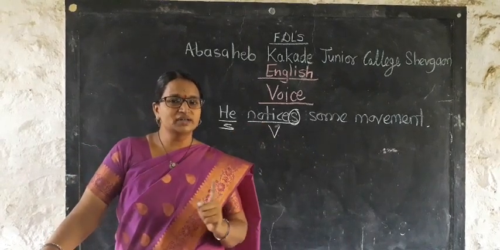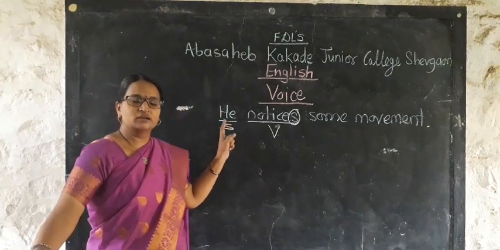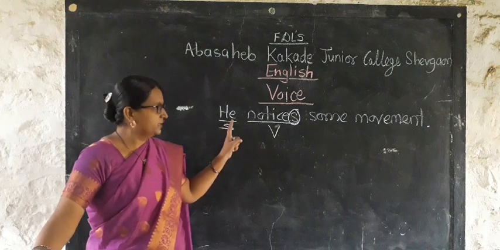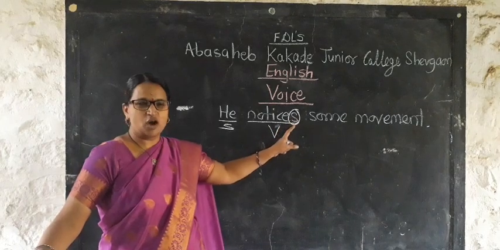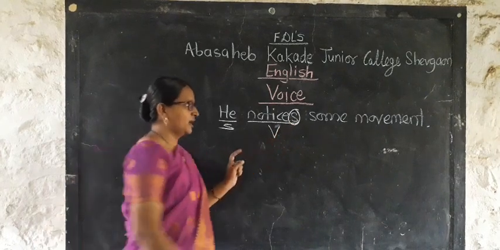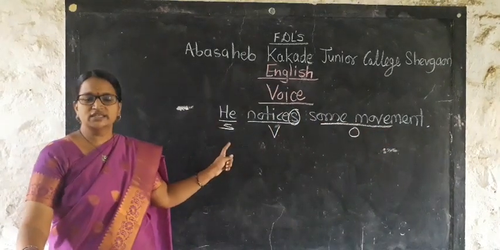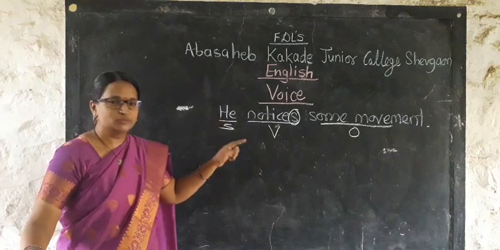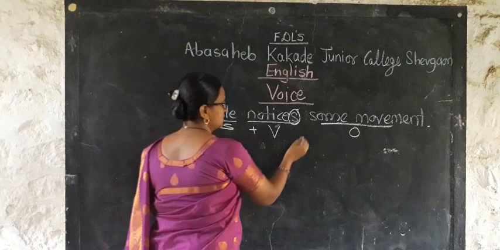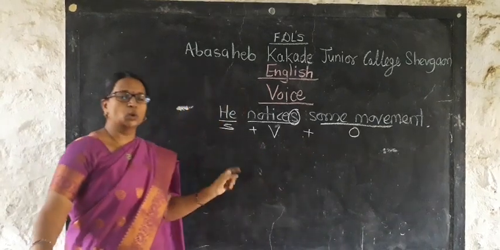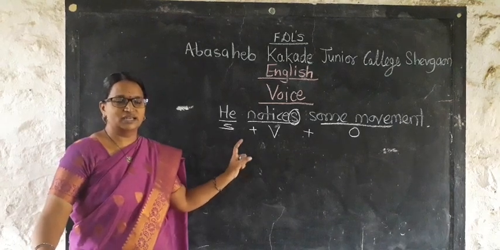Here we have to remember the rule: when we use a third person pronoun like he, she or it, then always in simple present tense we have to add s or es to the verb. The remaining part is the object of that sentence. Now we get the structure of the sentence: S plus V(s/es) plus O, and this is the structure of simple present tense.